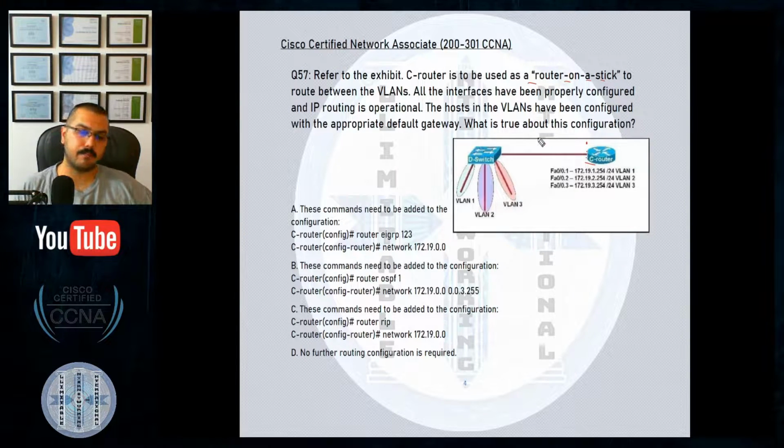By the way, if you have no idea about what this is, then in the Mega Lab series, lab number 1, starting from minute 40 or 45 of the lab, there will be a complete implementation, description and discussion about this type of thing, router on a stick.